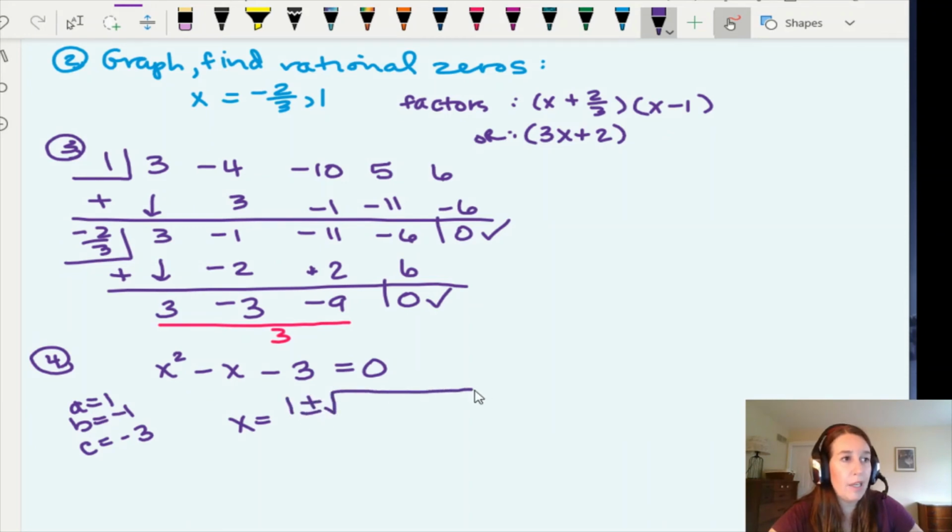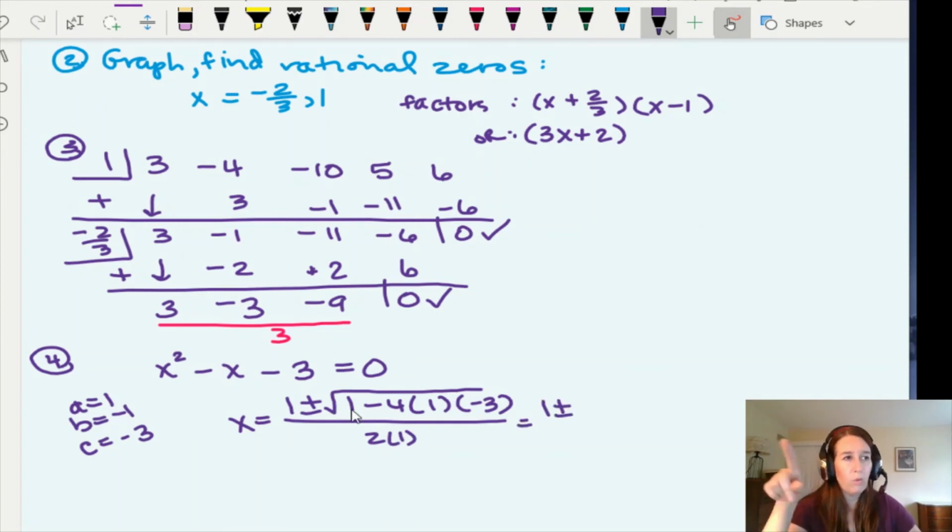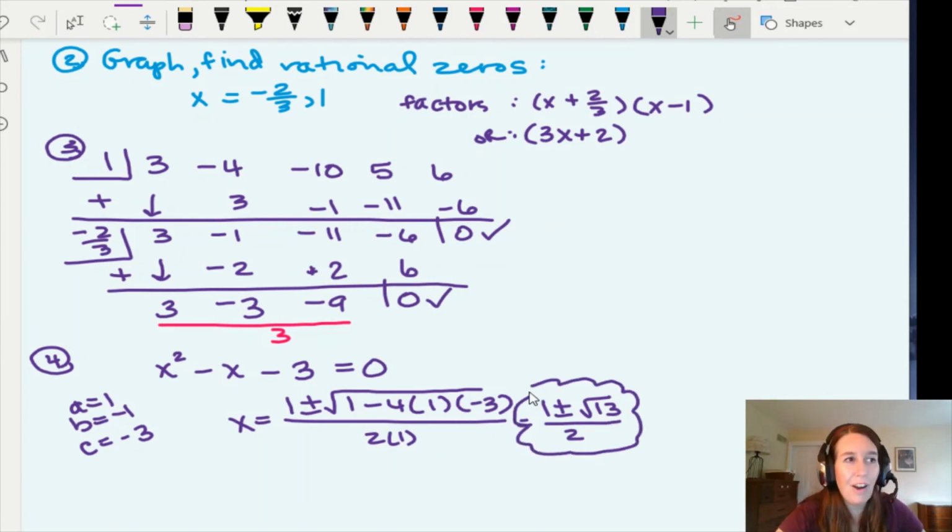The opposite of b, plus or minus the square root of b squared, -1 squared is +1, and then minus 4ac, all divided by 2a. So that's 1 plus or minus, now I'm looking at plus 12, so I think it's the square root of 13, all divided by 2. Okay, so that's not going to be able to simplify any farther, right? So those are our other two zeros.